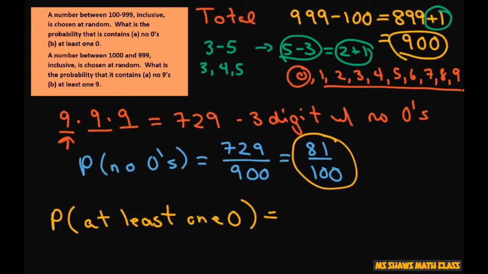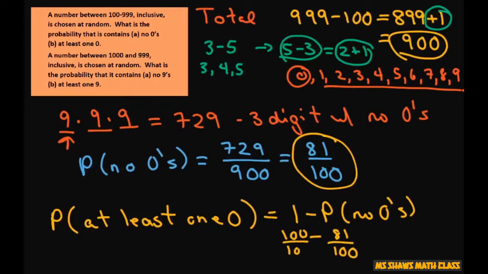So you're just taking 1 minus the probability of no zeros. So that's 1 minus 81 divided by 100. I'm going to go ahead and change this 1 to 100 divided by 100 because that equals 1. And that gives you 19 divided by 100.